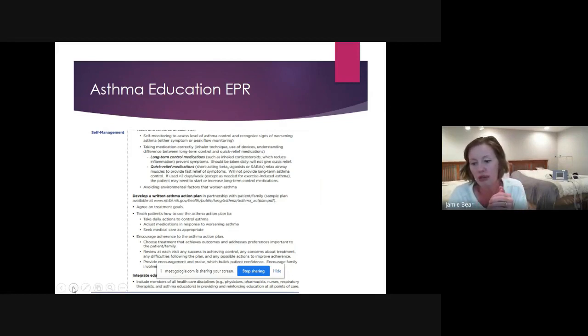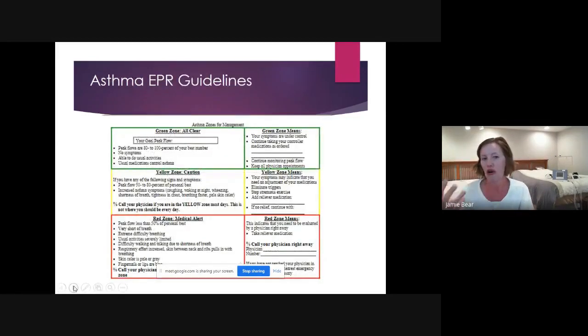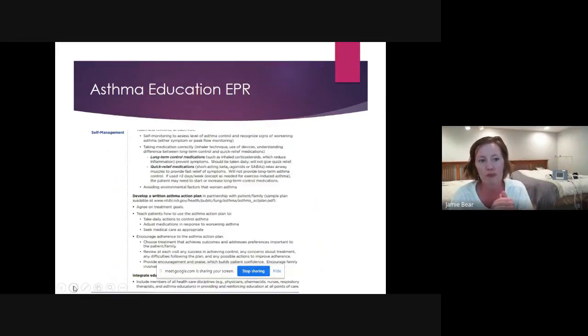So, for example, when they got short of breath, they would take a controller, and that's what they would tell you. And so you had to educate them on the difference between taking a quick relief and a controller medication. So this self-management is really important. And then developing a written asthma action plan, which is what we saw right here. So when patients go home, they have this in writing and they know exactly what to do.